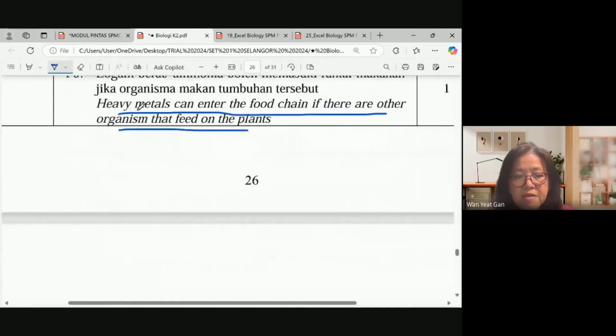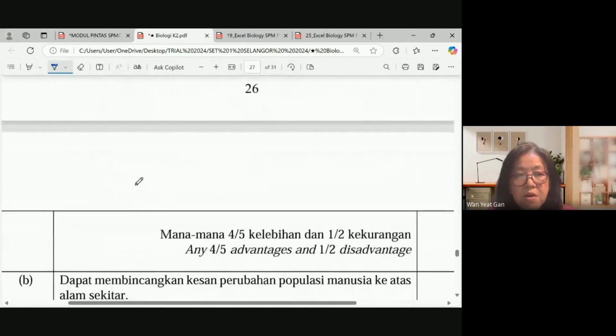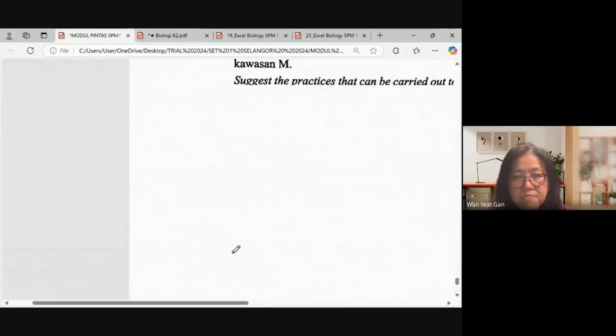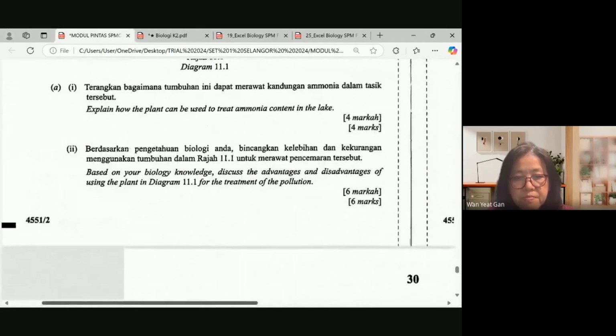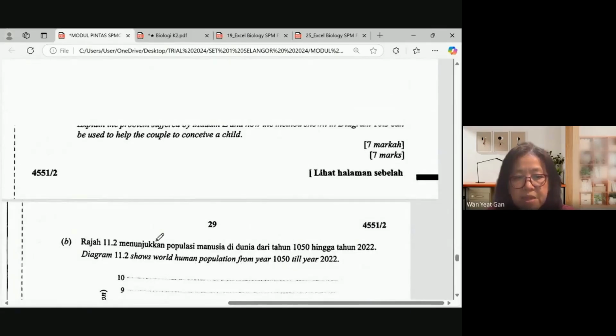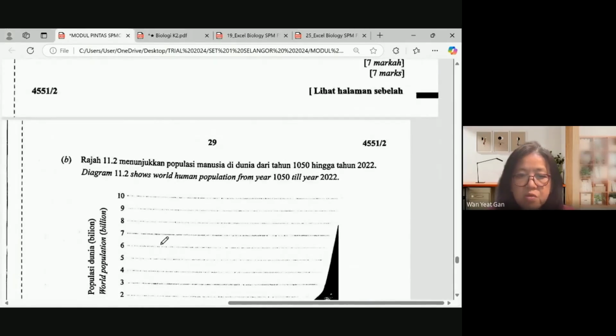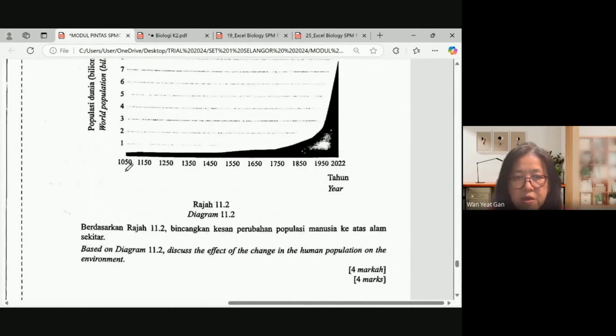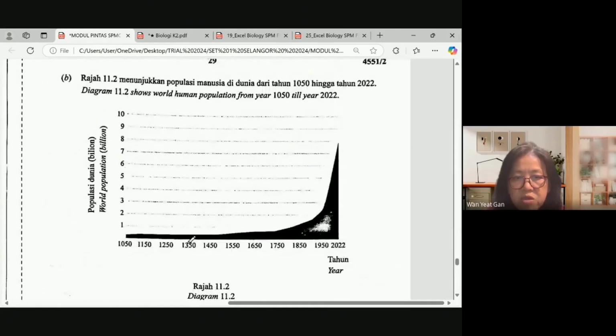Okay, next, let's look at the next question. Okay, diagram 11.2 shows world human population from year 1050 till year 2022. Okay, so you can see the increase in the world population.